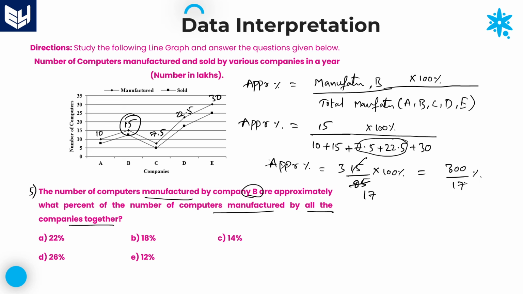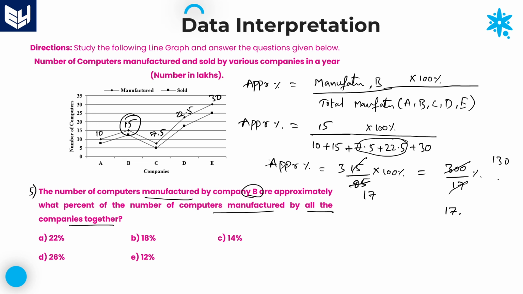Now divide by 17. 17 ones are 17, and next 13 is left over, 130. 17 sevens are 119, point.